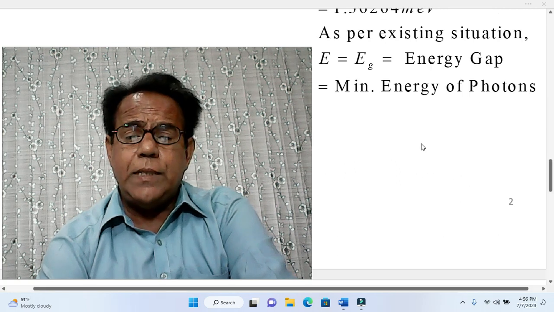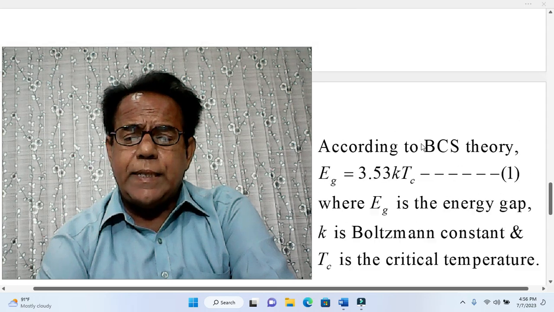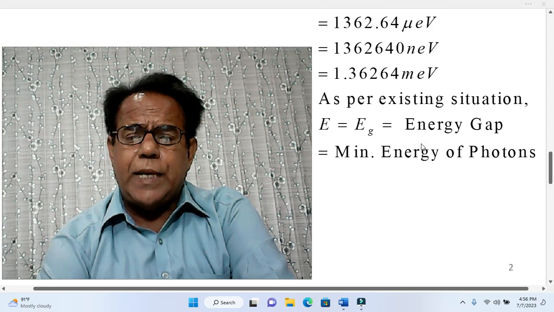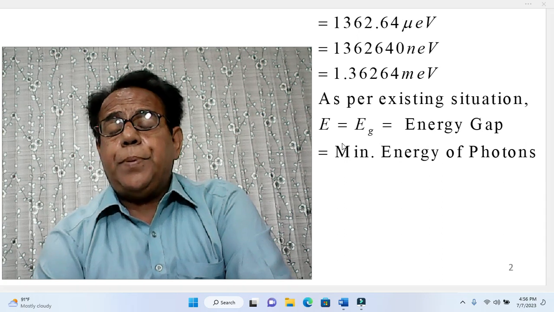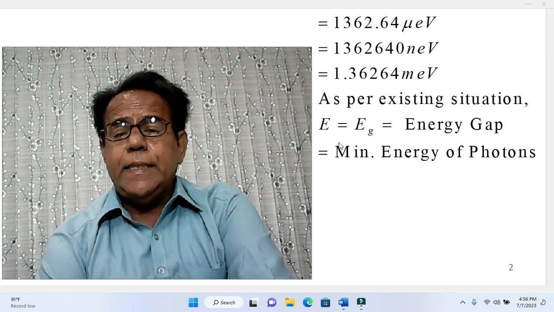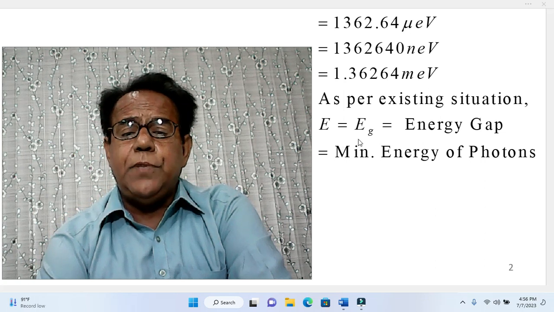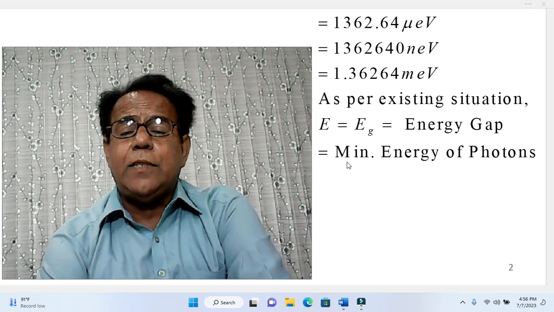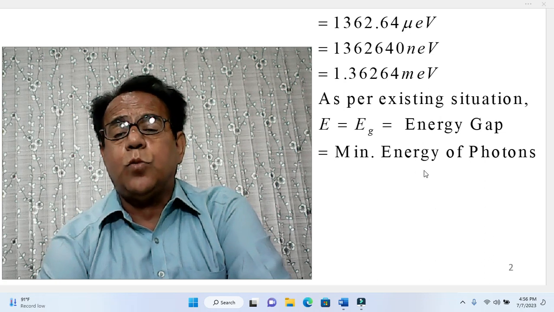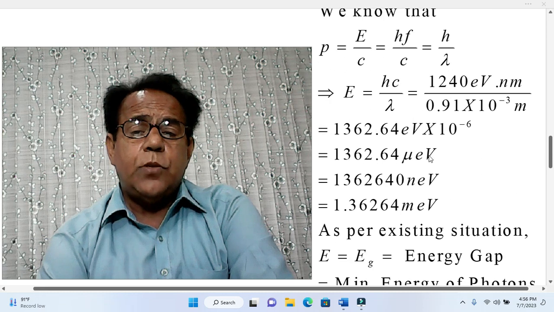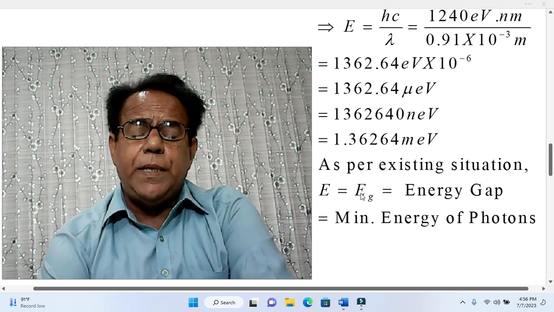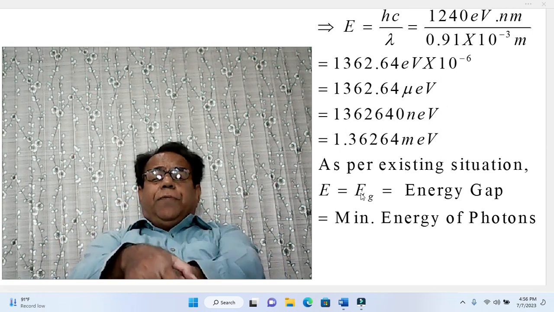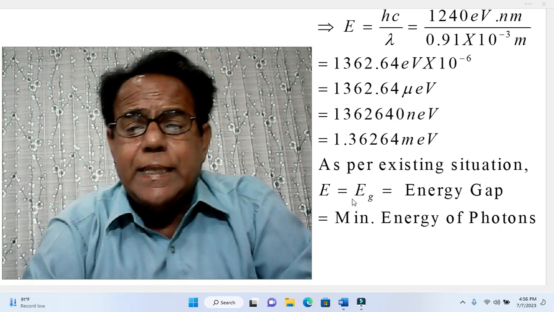Now, dear students, if we take into consideration the statement of the problem, then we can conclude that as per the existing situation, E is equal to Eg, which is equal to the energy gap and which is equal to the minimum energy of photons. So here the term which we have denoted by E will be shifted to simply Eg, because there is no difference between E and Eg in this case.